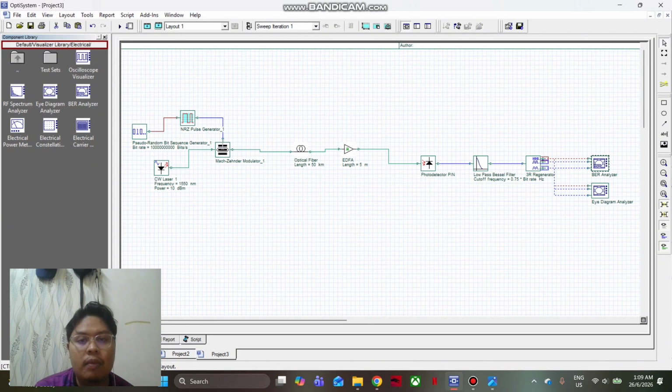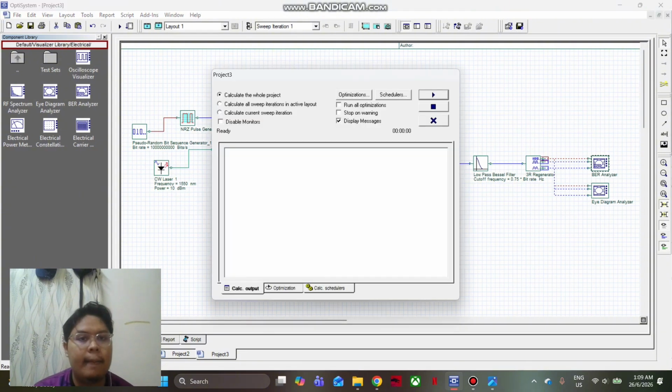With that, the amplifier EDFA is set with a length of 5 m. Then for the receiver, I use a PIN photodiode detector, low pass Bessel filter, and 3R regenerator. For the results, we can see BER analysis and the eye diagram.